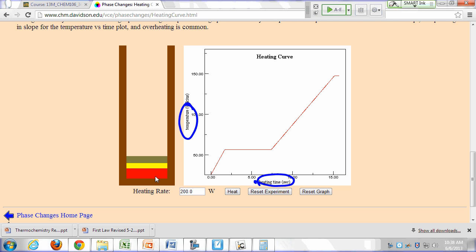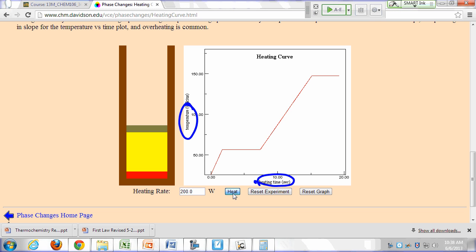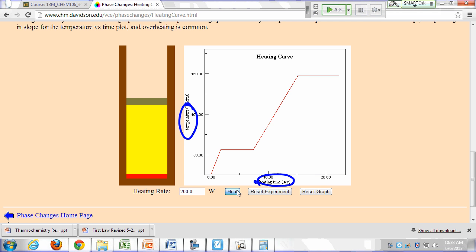Your liquid will start to change into a gas, and when that's happening, again, your temperature will remain constant while your liquid is still boiling until everything has been converted into a gas. Okay, you can see going from a liquid to a gas is a very big change in the volume, a huge expansion in the volume. And then once everything is vaporized, further heating will allow your gas temperature to increase.